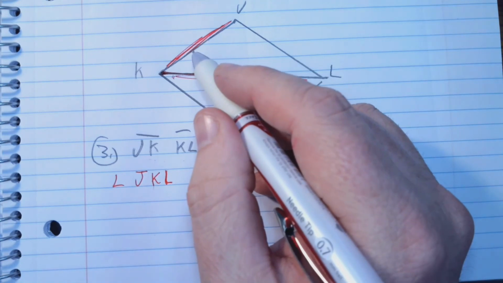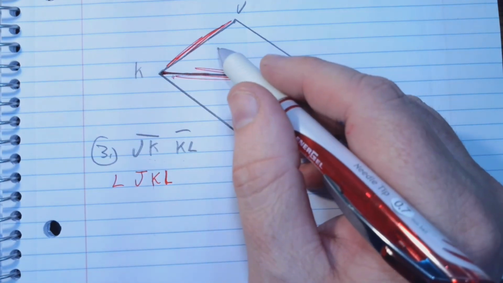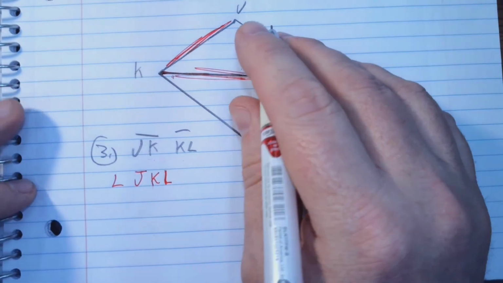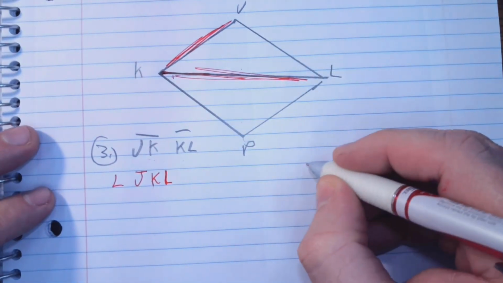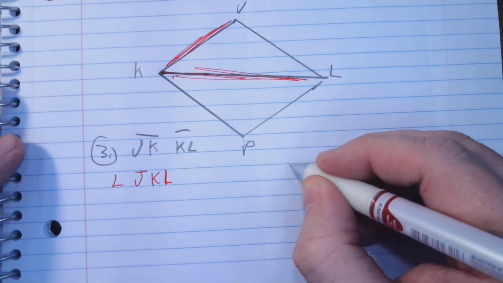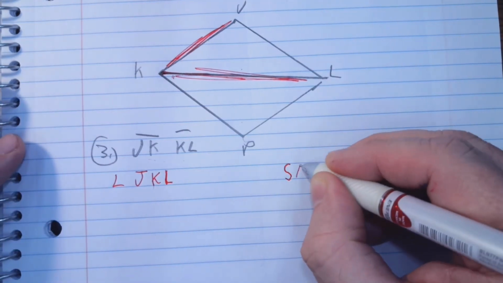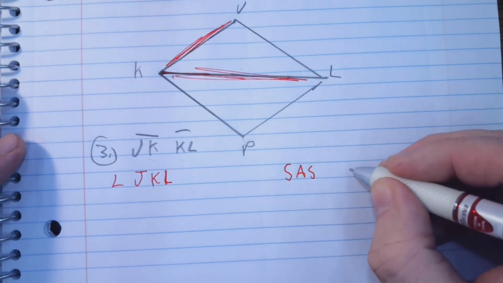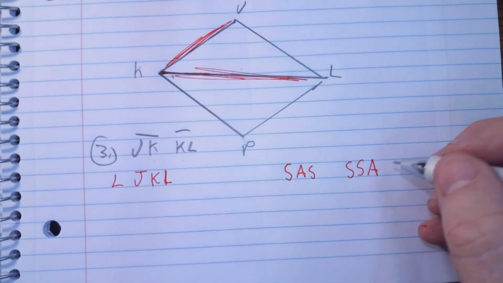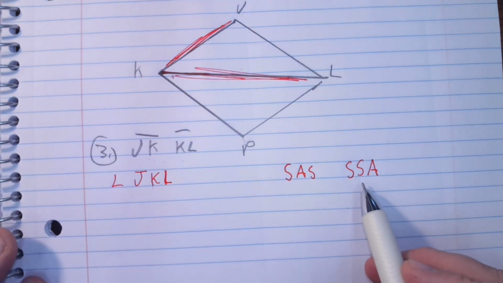So we're going to do 3 through 8. Okay, and I'll tell you the biggest thing that we have here is we have two problems. We have SAS, and we are going to have some of these problems in 9 through 14 that are SSA.